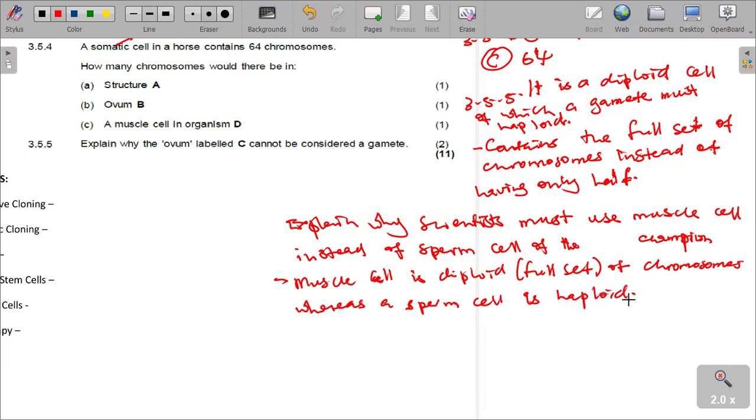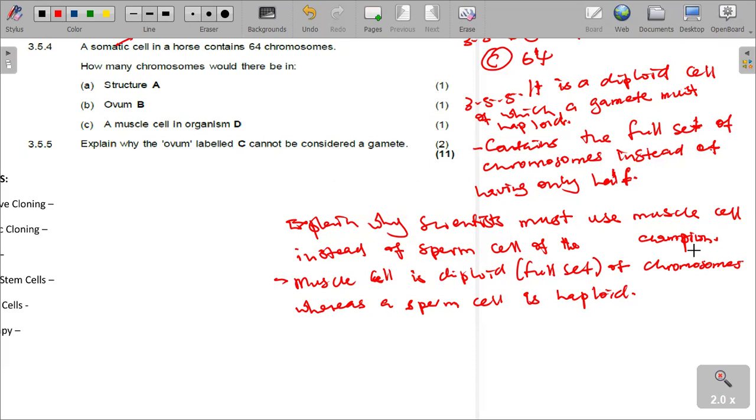That is one reason that can be given to explain why scientists must use muscle cells instead of the sperm cell of the champion horse. It is because the muscle cell is diploid. It contains a full set of chromosomes rather than half when it is a sperm cell.